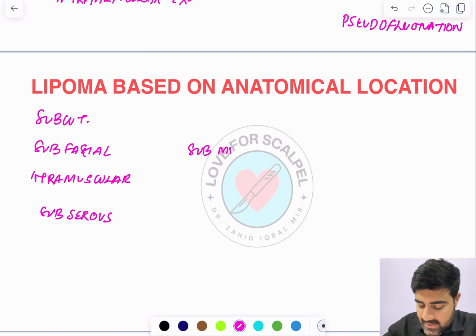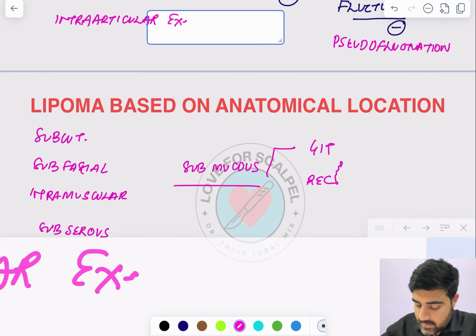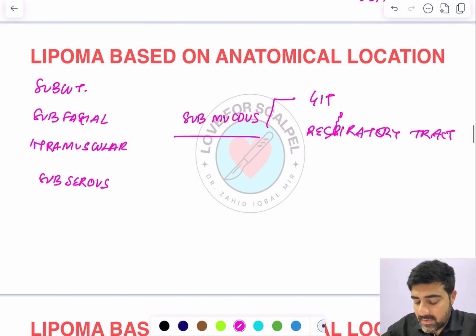Submucous lipomas can be seen in GIT, in intestine, and in the respiratory tract also. In GIT, they are responsible for an important thing, that is intussusception.